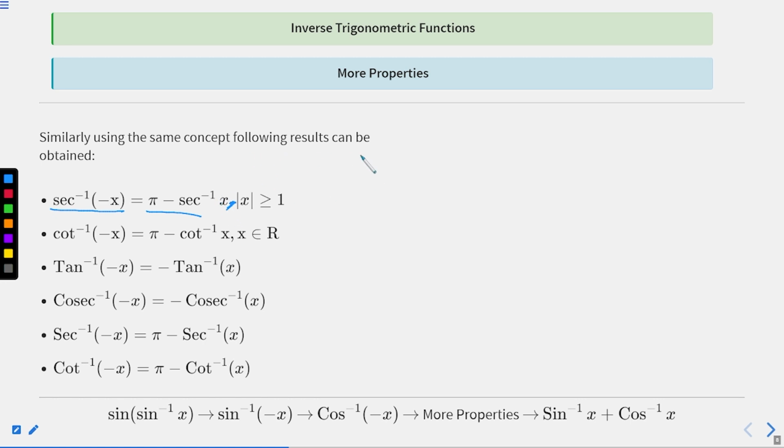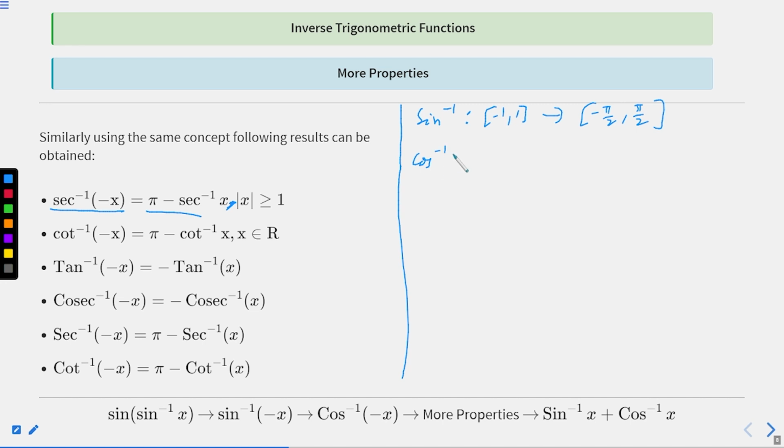And if you recall, let me give you the domain and the range for inverse trigonometric functions. If you recall, sine inverse is defined from where to where? From minus 1 to 1, to the closed interval minus pi by 2 to pi by 2.